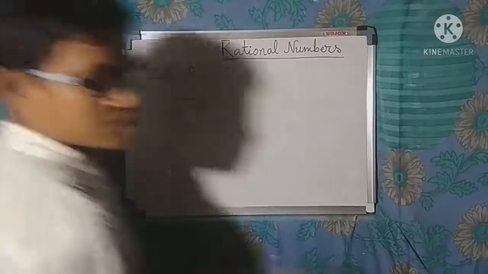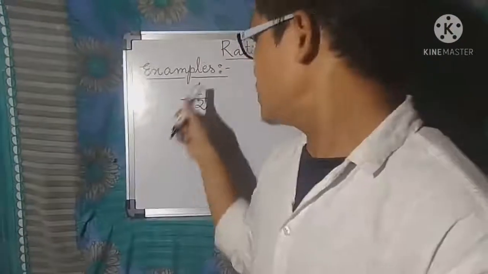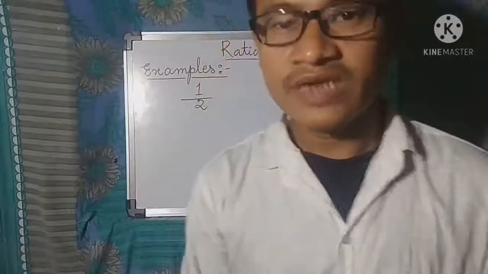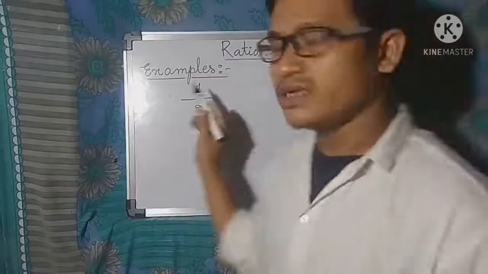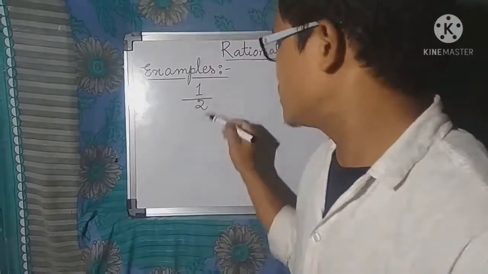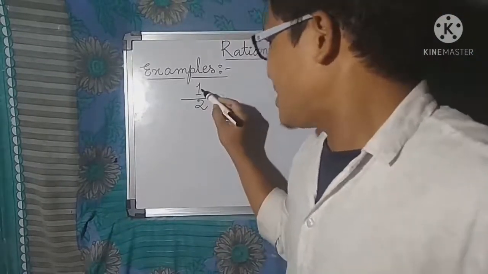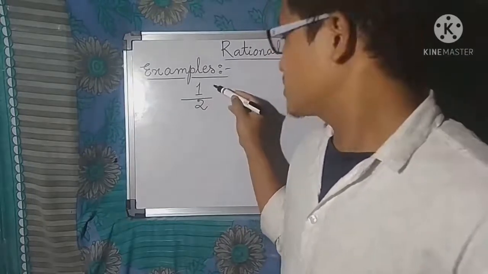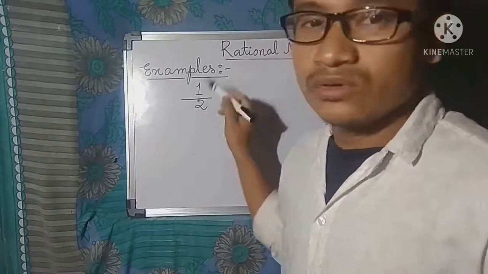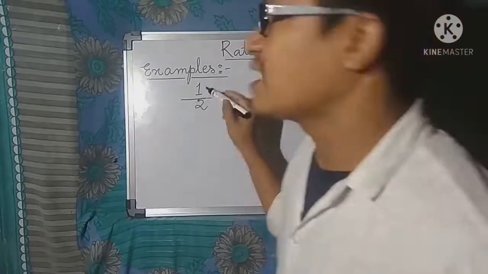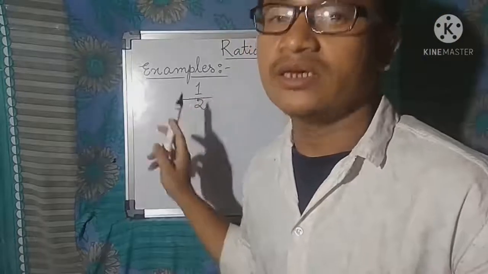So can we say 1 by 2 is a rational number? Yes, of course, 1 by 2 is a rational number because it is in the form of p by q. In place of p there is 1 and in the place of q there is 2. So we can say that 1 by 2 is a rational number.